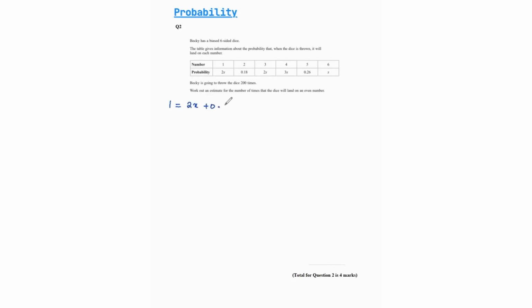2x plus 0.18 plus 2x plus 3x plus 0.26 plus x. So that's going to give us 1 equals to 8x plus 0.18 plus 0.26, which is 0.44.